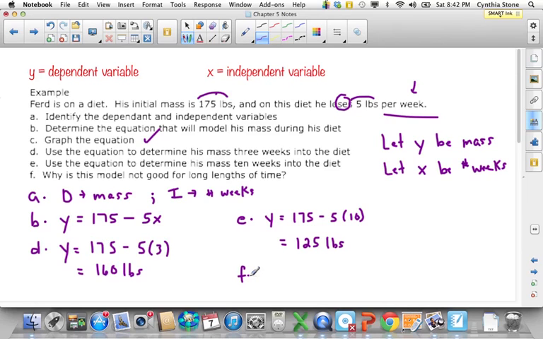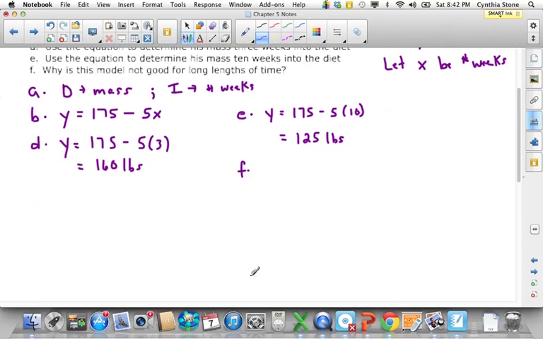So this model only works for a short period of time because from a practical point of view, you're not going to lose 5 pounds a week forever. No one can lose that. You'll fade away.